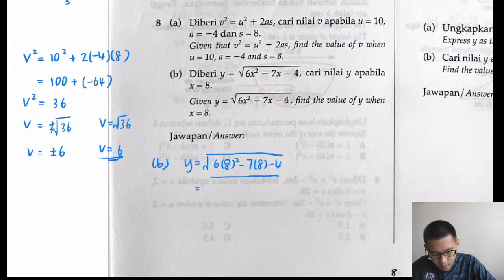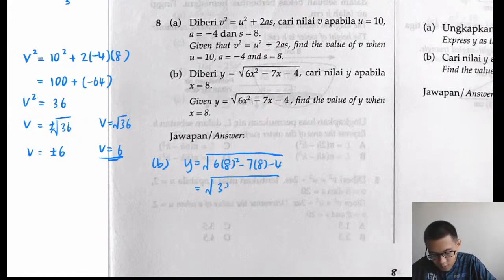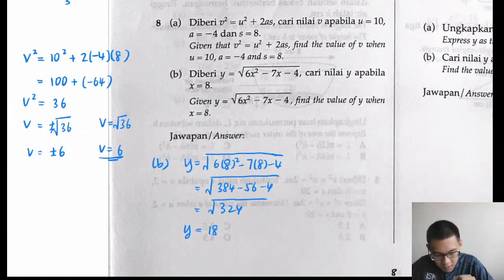So how much is the number? 64 times 6, it's very big, so I use a calculator. If you start with factorization, it will be more convenient and easier to calculate the answer. 324, and it has an answer, 18. So y equal to 18.